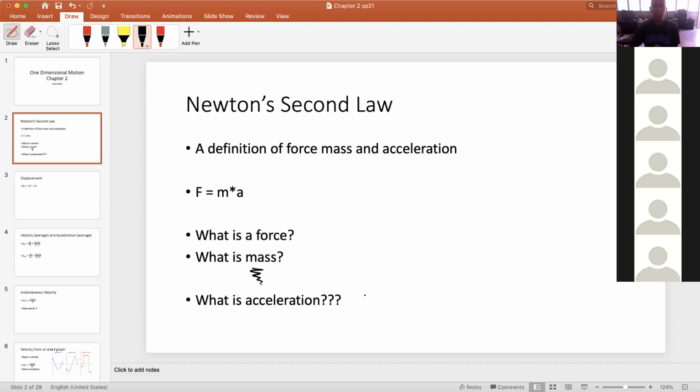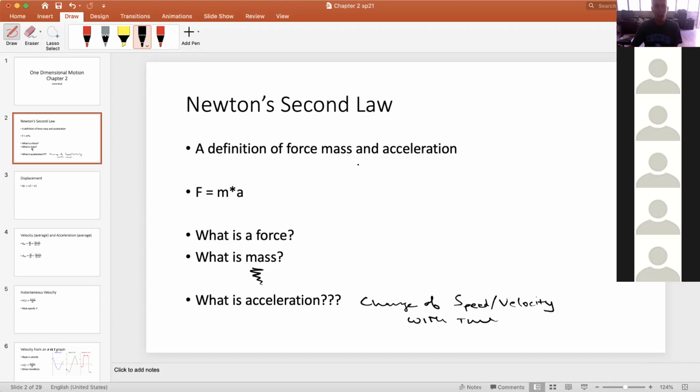So acceleration is change of speed or velocity, whichever word you want to use right now, will be more correct in a minute, with time. And what is mass here? Well, we know that mass is like how much stuff something has, but there's a better definition of it.